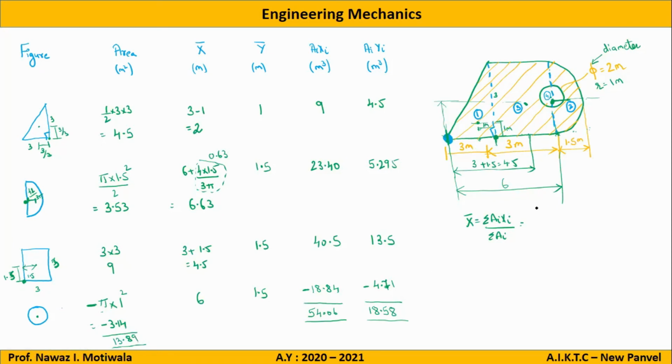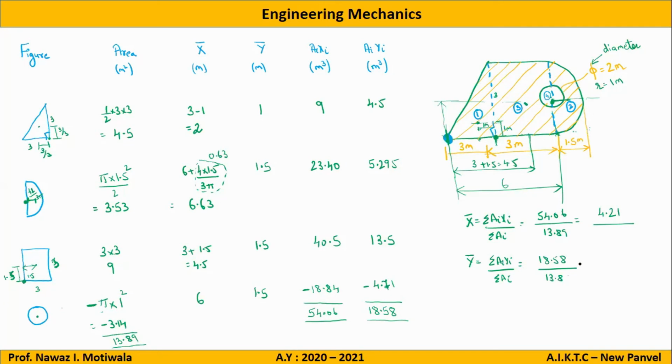13.89. Okay. So Ai xi will come as, I think, 54.06 divided by Ai, which is 13.89. And how much am I getting as the answer here? 4.21. Similarly, I will write y bar is equal to summation of Ai yi divided by summation of Ai, which is equal to 18.58 divided by 13.89.